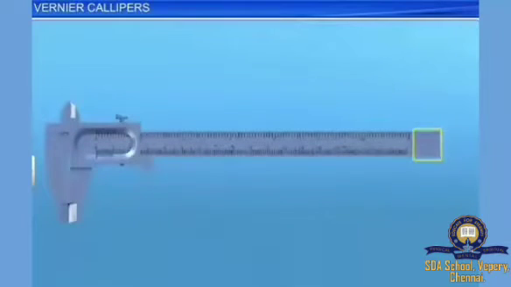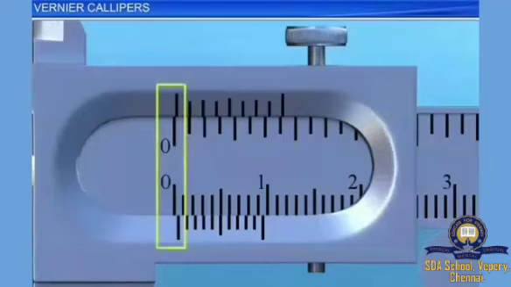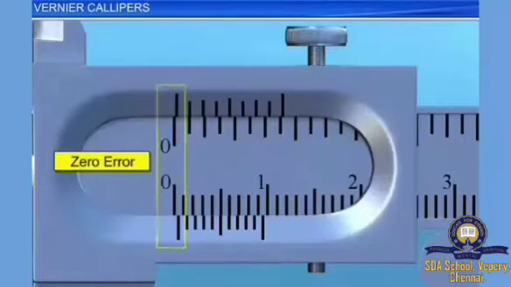In this condition, the tail of the vernier caliper just touches the end of the main scale strip. If the zero of the main scale does not coincide with the zero of the vernier scale, then the vernier caliper is said to have a zero error.